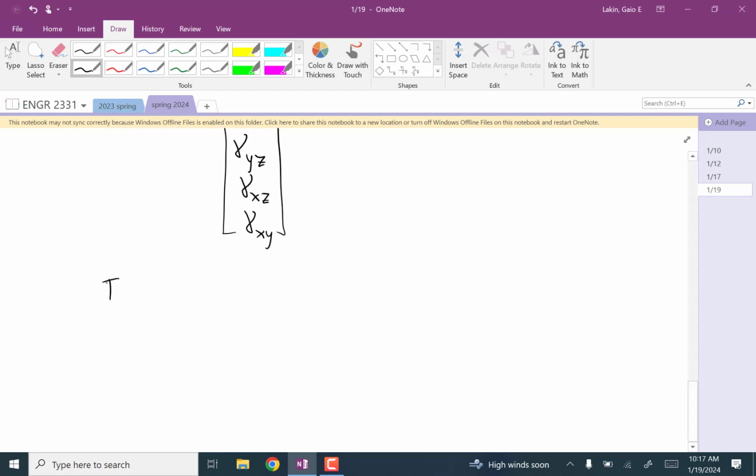So now we're going to the constitutive relationship. This is such an important day, actually. Constitutive relationship. So I said that we're talking about Hookean materials, which means the stress and strain are related by a matrix of constants.